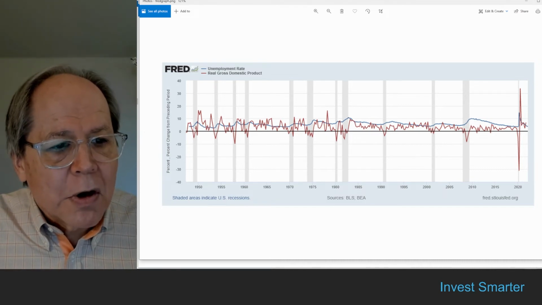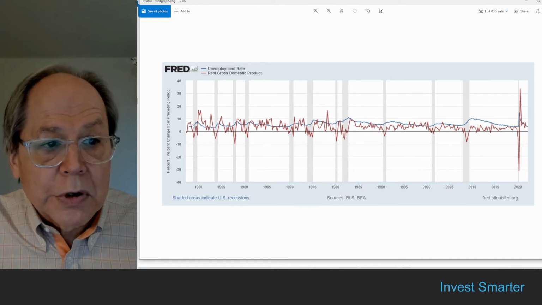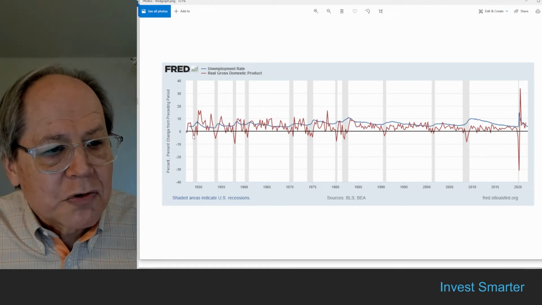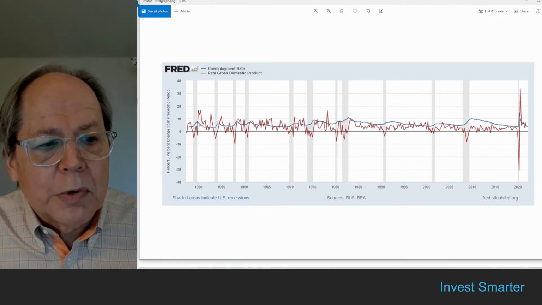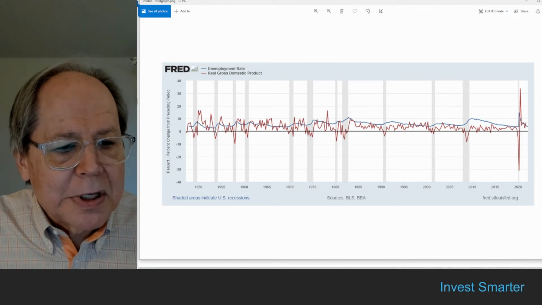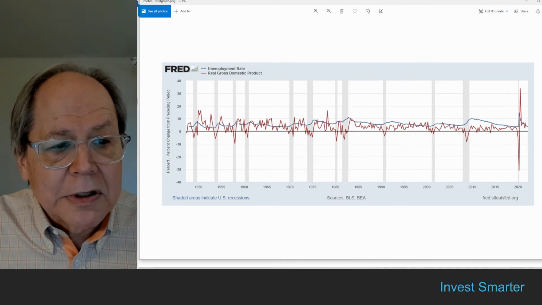So let's look at this curve. We've got this going all the way back to 1950, and you can see here that before the recession in 1950, the gross domestic product started dropping, and unemployment rose. And the same thing happened in the mid 1950s and again in the late 1950s, where it happened a little bit worse.